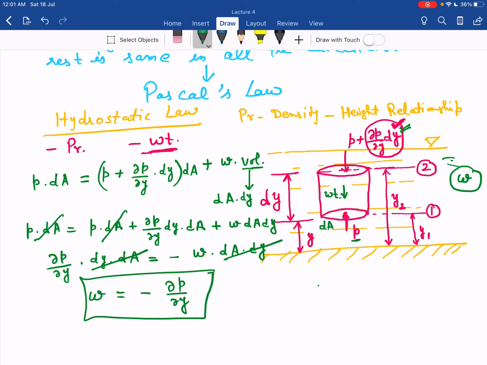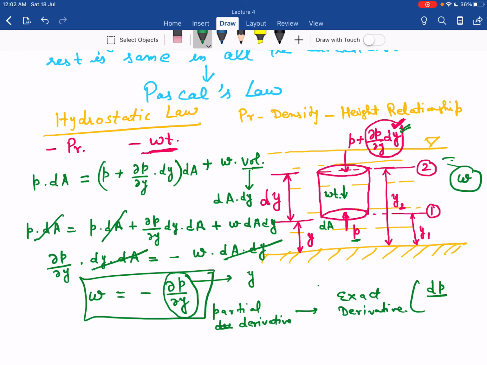Now, if the intensity of pressure varies only along the y direction, then we can replace the partial derivative with the exact derivative, or exact differential, that is dP by dy.